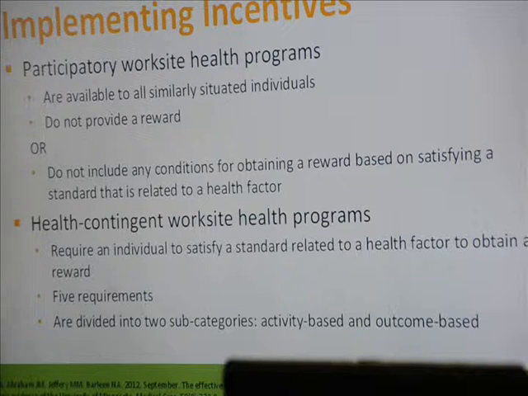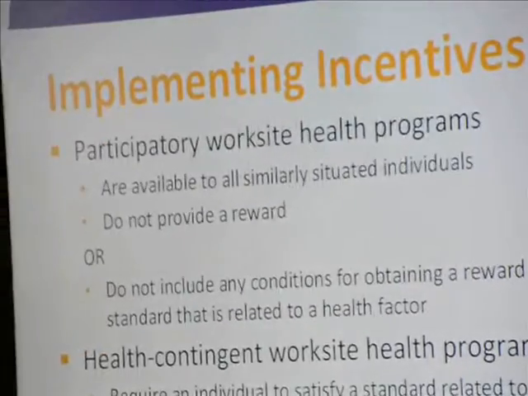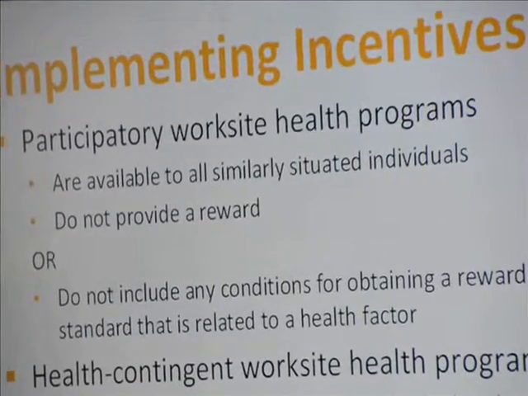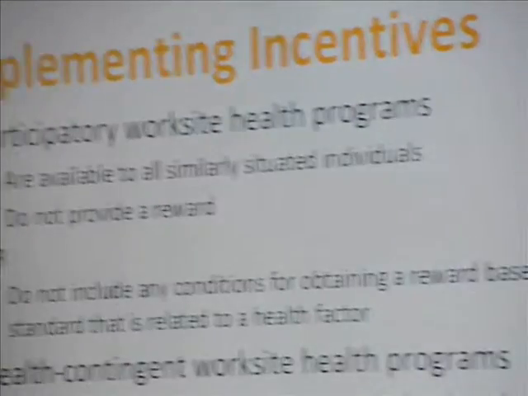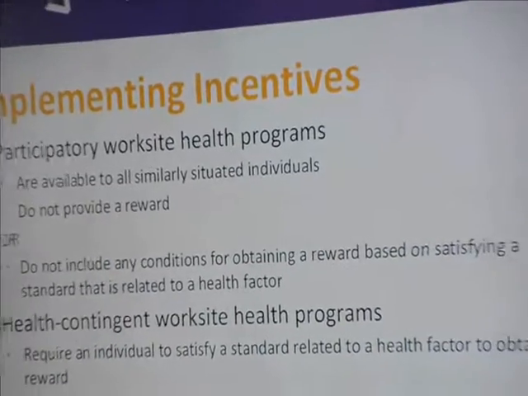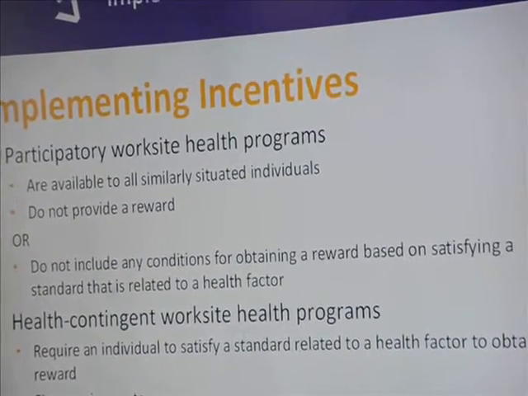All right. So participatory worksite health programs are defined as programs available to all similarly situated individuals that either do not provide a reward, which is what I was just explaining, or do not include any conditions for obtaining a reward based on an individual satisfying a standard that is related to a health factor.